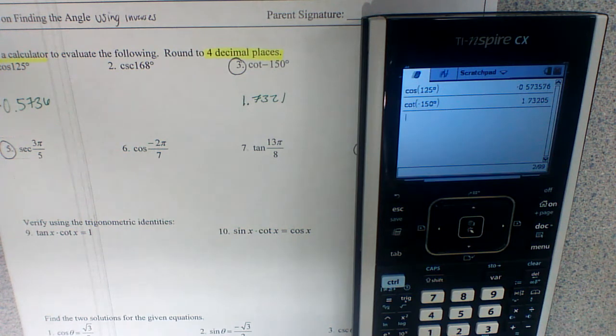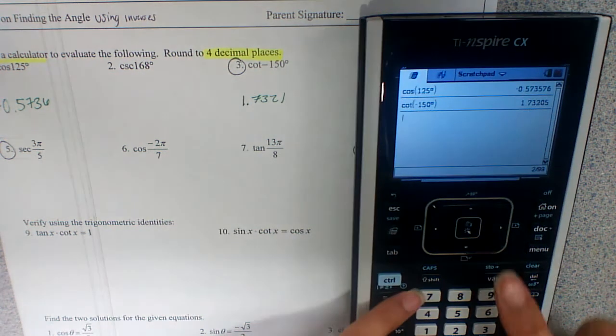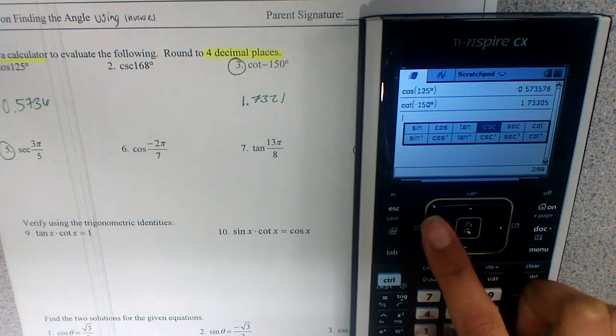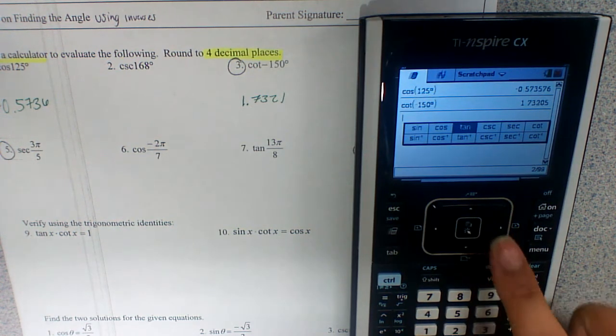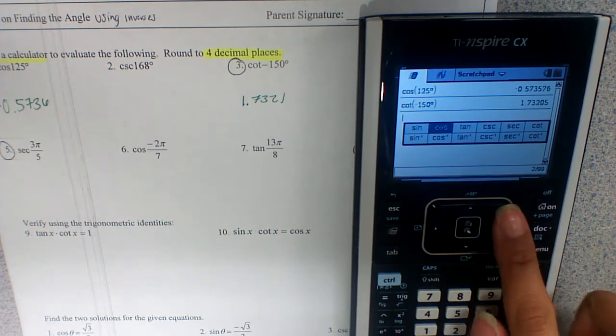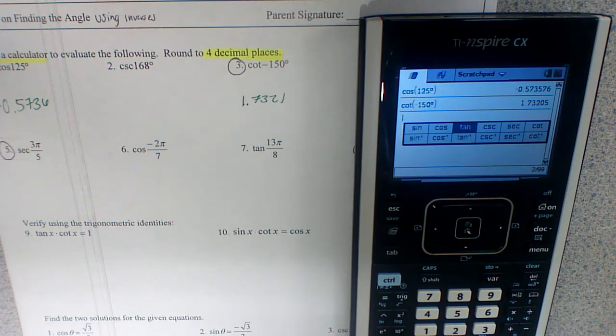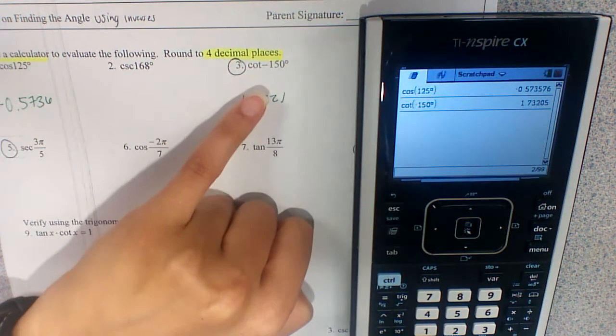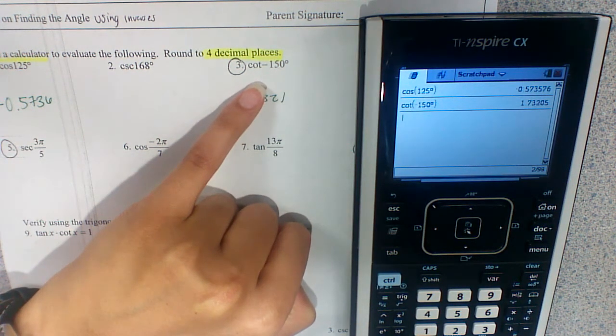Now at home, if you do not have a TI Nspire, that's okay. If you have a TI 83 or an 84, here's what you'll have to do, because on those calculators you don't have all 6 trig functions. You only have buttons for sine, cosine, and tangent. And so what you're going to have to do on the TI 83 or 84 is actually think about the reciprocal identities. So remember, cotangent is a reciprocal of tangent.